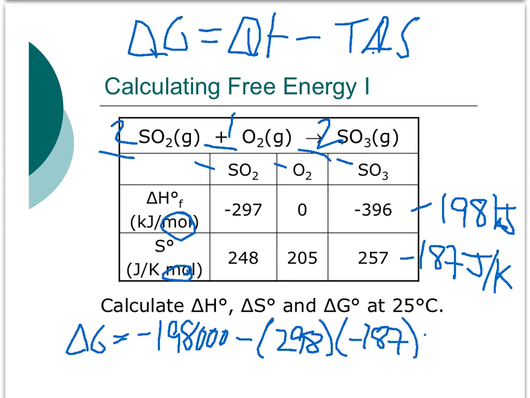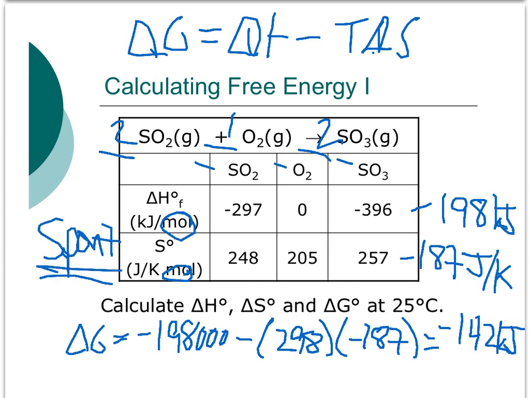And then to save a little space, I'm going to put my final answer here in kilojoules. So I have a free energy change of negative 142 kilojoules. Now, what does that tell me about the reaction? I now know that this reaction is spontaneous. Okay, this reaction will happen.